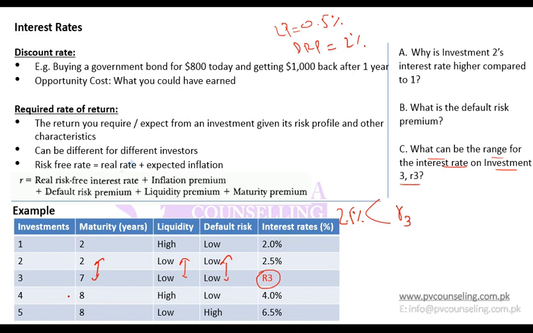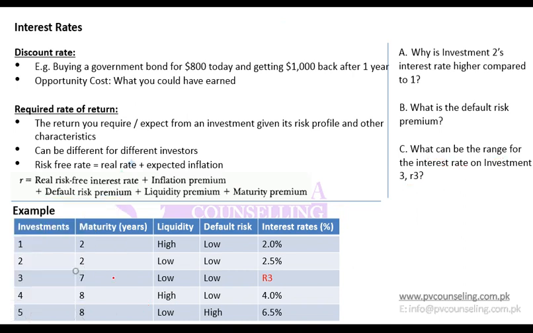What is it? 4%. How? Sorry? Maturity is different. 8 years and 7 years. Yes, closer to 8.